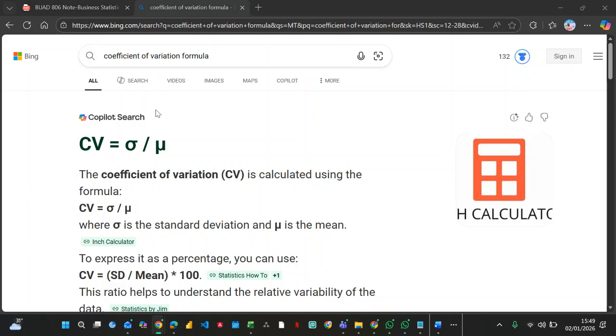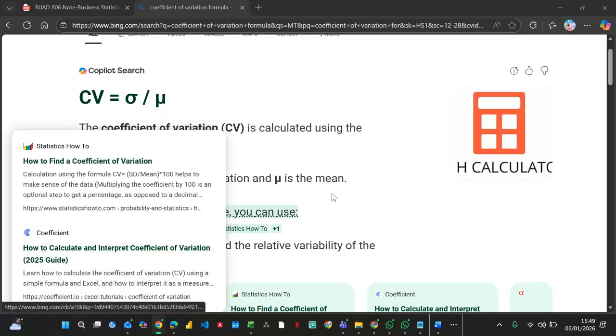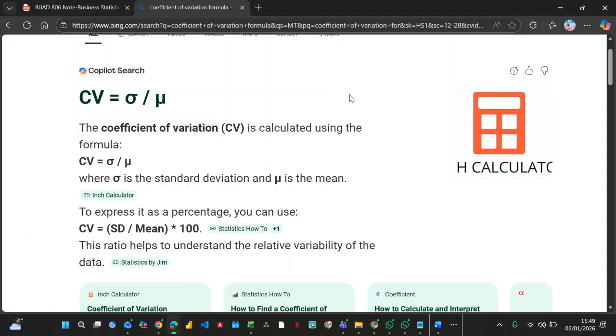The smaller the coefficient of variation, the more consistency. So that is what it is. So that was number two A.